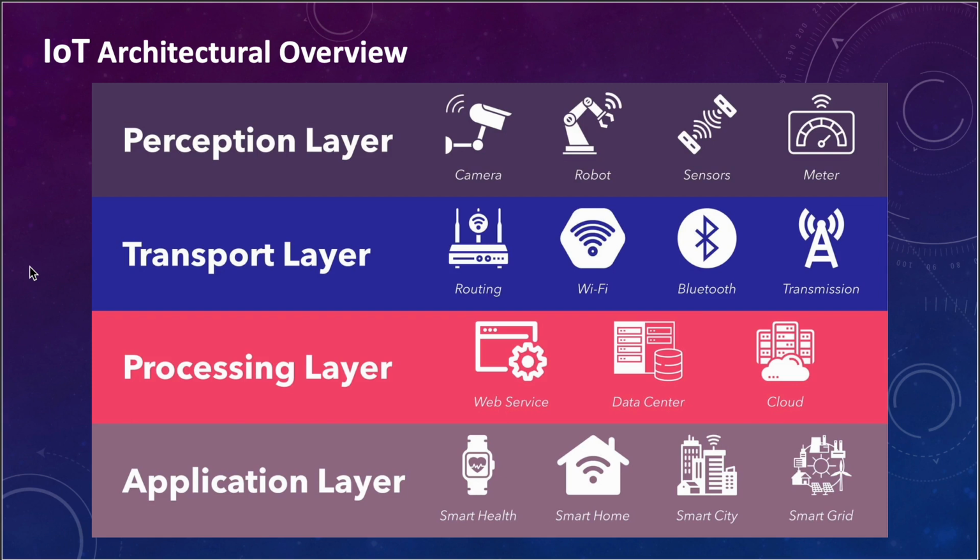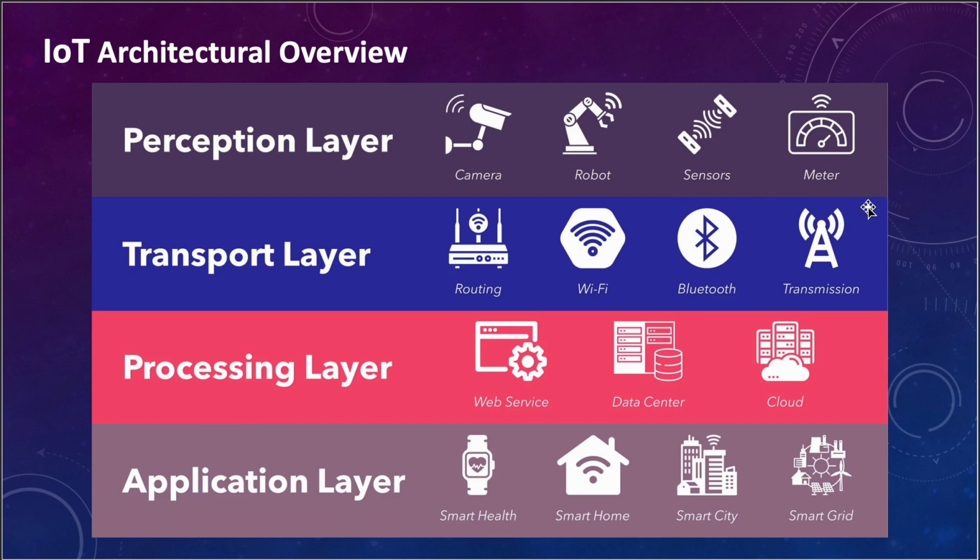Now, what is the perception layer? The perception layer we can easily categorize as the hardware layer, right? Where the actual IoT device is. Here we have examples of cameras, robots, sensors, and meters, right?